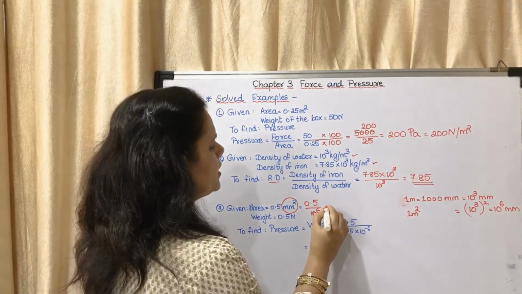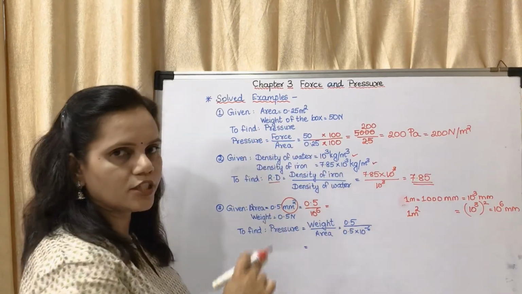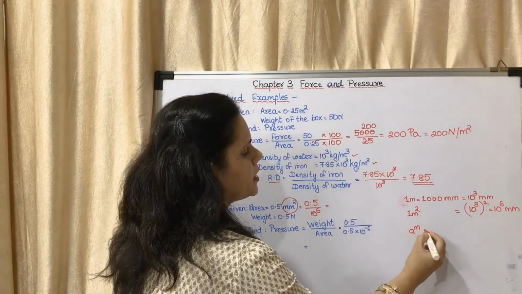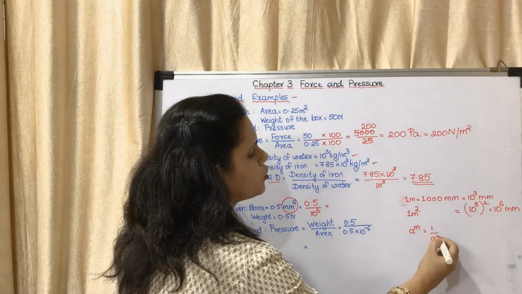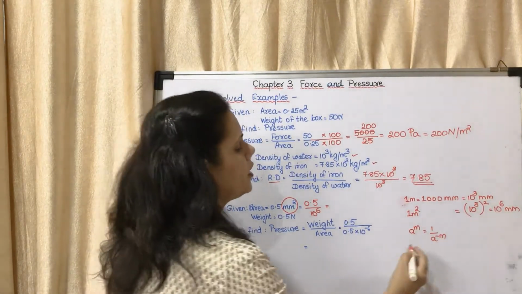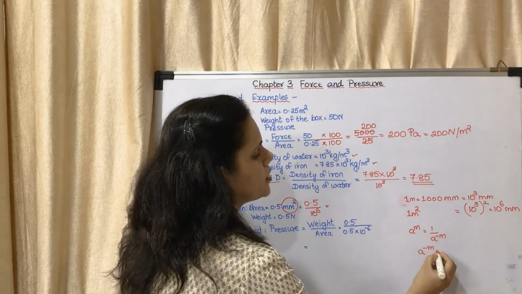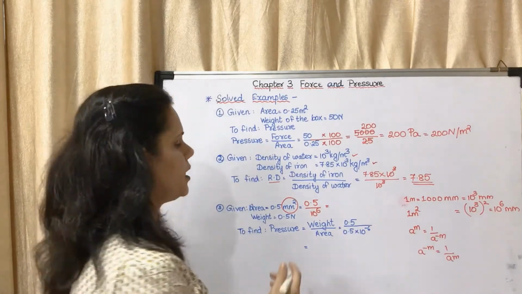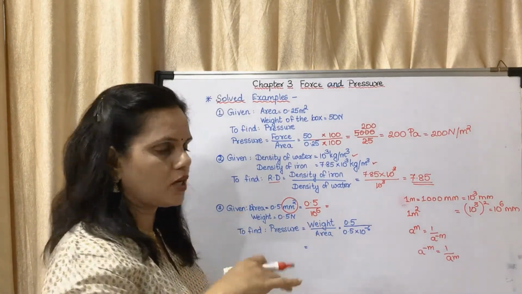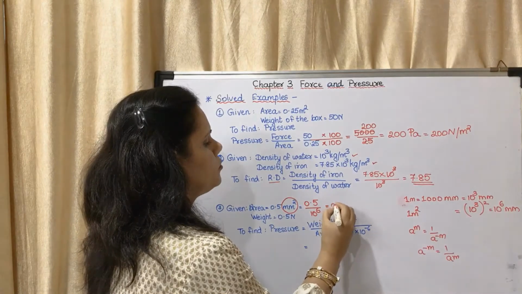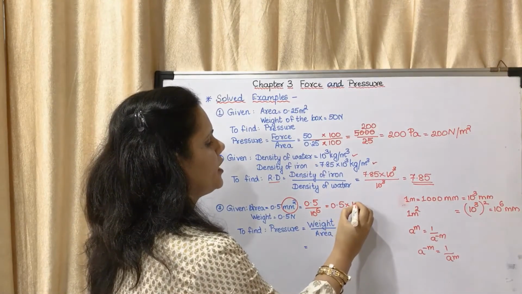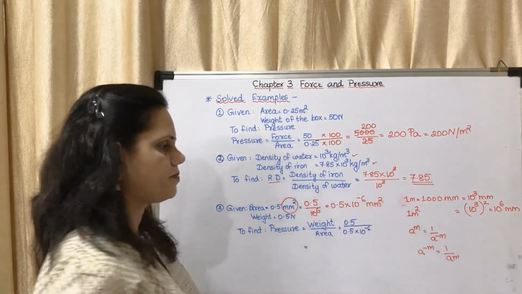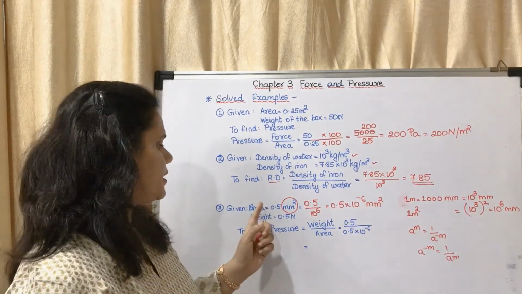Do you remember a raised to m is equal to 1 upon a raised to minus m, or a raised to minus m is equal to 1 upon a raised to m? You might be knowing this. Similarly, here 10 raised to 6 is below. When it comes up, it will become 0.5 into 10 raised to minus 6 meter square.